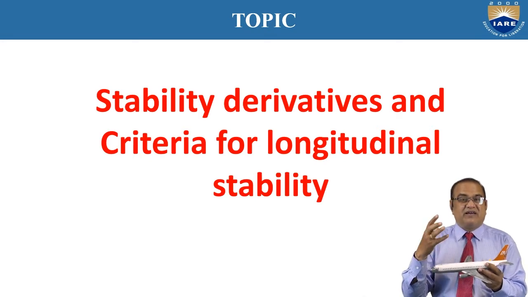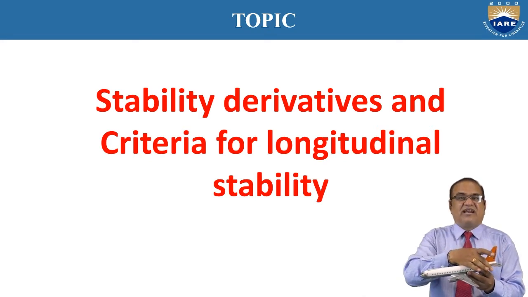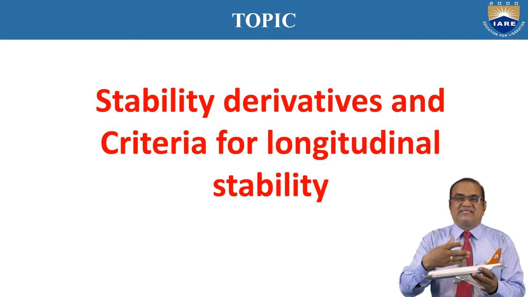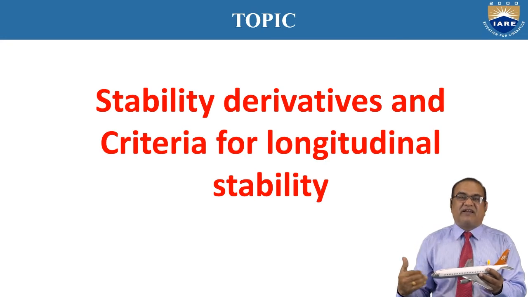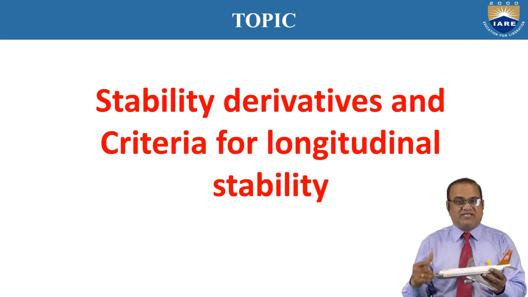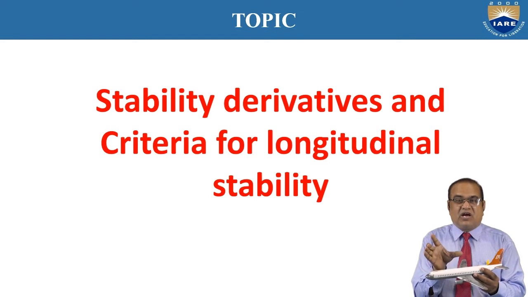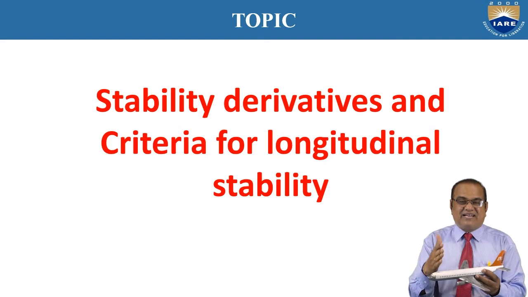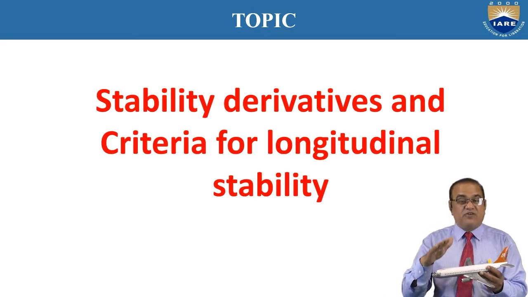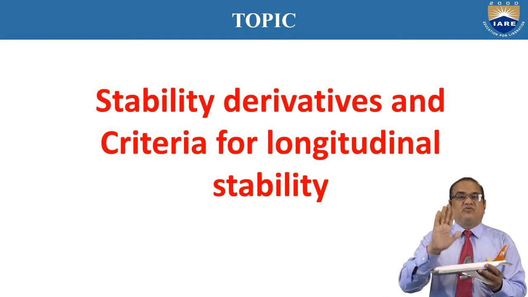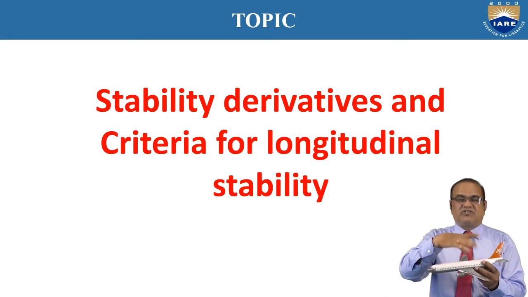But the efficiency of this horizontal tail is not as good as the canard, because we know that the aircraft aerodynamic efficiency is L by D. So if the total lift of the aircraft is more, then that configuration has more aerodynamic efficiency. If we use the canard, that canard will give a positive lift. So this positive and this positive, you will get positive.